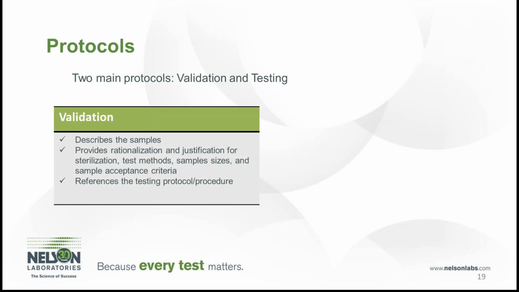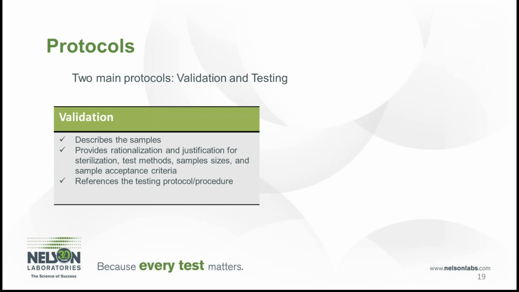Protocols. There's actually two main types of protocols that we've seen. The first one being the validation protocol and the second being the testing. Validation can also be referred to as the master protocol. This validation protocol, master, describes the samples, the lot numbers, the size, the intent.